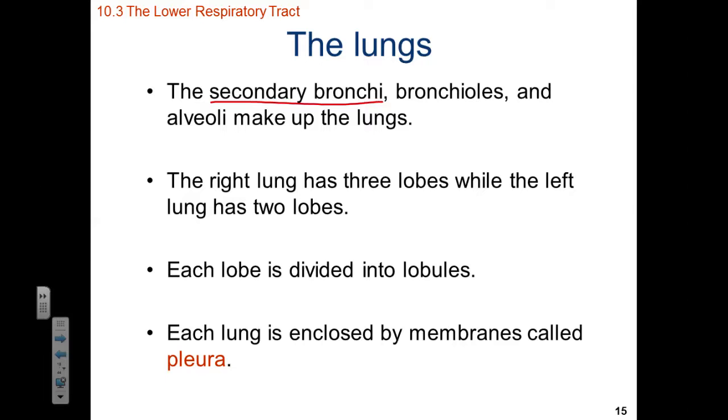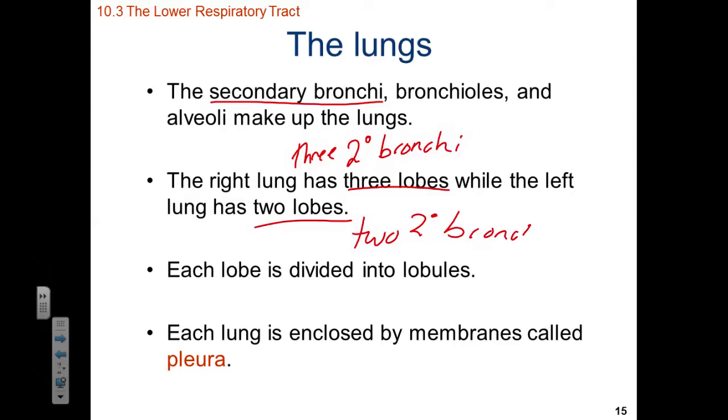So because the right lung has 3 lobes, the right lung will also have 3 secondary bronchi, whereas the 2 lobes of the left lung correspond to 2 secondary bronchi.